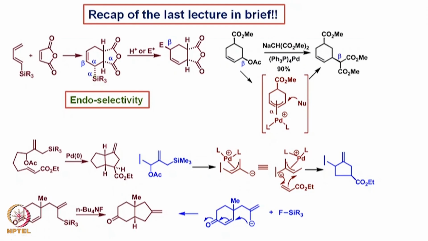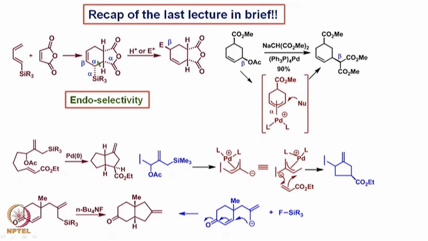And then when we reacted it with an electrophile like a proton or any other electrophile, the double bond interacts with the electrophile in such a fashion that the carbon electrophile bond formation occurs here to give this particular type of carbon E bond, and of course the cation is coming at the beta position with respect to silicon, again emphasizing that there is a beta silicon effect.